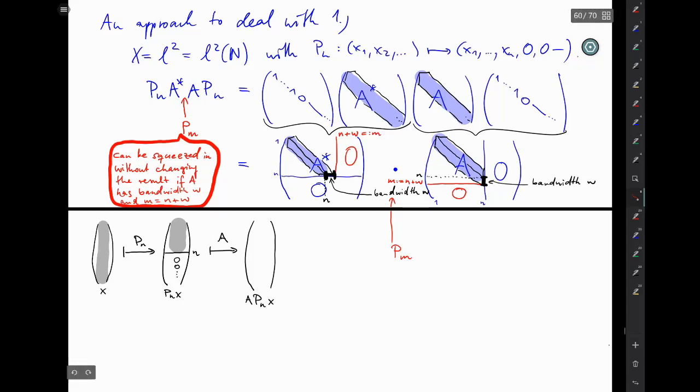And because the data only used to sit in positions 1 up to n here, it's going to sit in positions 1 up to n plus w here. So the rest down here is zeros. And that's why you can apply another truncation now at point M without changing the vector. And that's exactly what I was saying above here, only in terms of matrices.